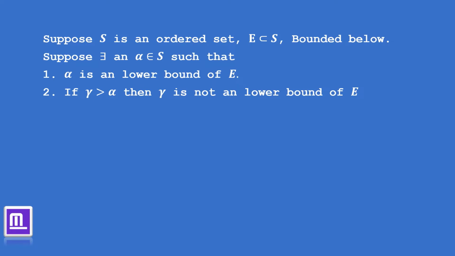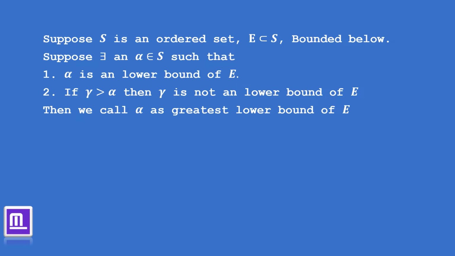Coming to greater or lesser for the second step, if gamma is greater than alpha, then gamma should not be a lower bound. What happens if gamma is a lower bound? Then gamma is a lower bound greater than alpha, and we cannot call alpha the greatest lower bound of E. So if alpha satisfies these two properties, then we can call alpha the greatest lower bound of E. Why?